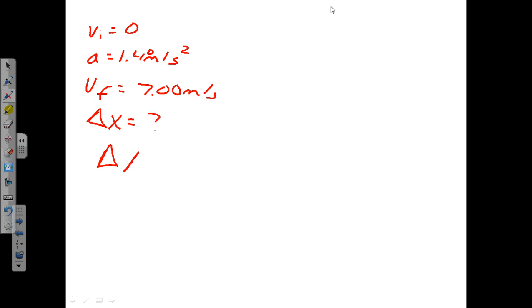You're right. VIT, we know both of those things. No, we don't. Plus 1/2 AT squared. And this one we can make it work. But to make that one work, what are we going to have to do? We're going to have to find the time, and to do that, we're going to have to do what? Quadratic equation. I prefer not to have to do that.